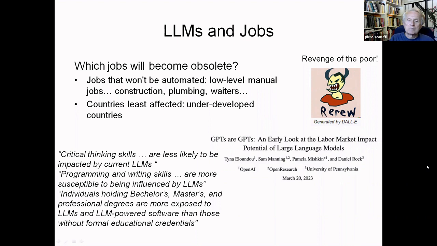Starting with software engineers, programming and writing skills. So actually, jobs typically held by people who did go to college. And on the other hand, the jobs that will not be automated by this technology are in construction, plumbing, waiters, jobs that we normally associate with lower salaries, people who didn't go to college.